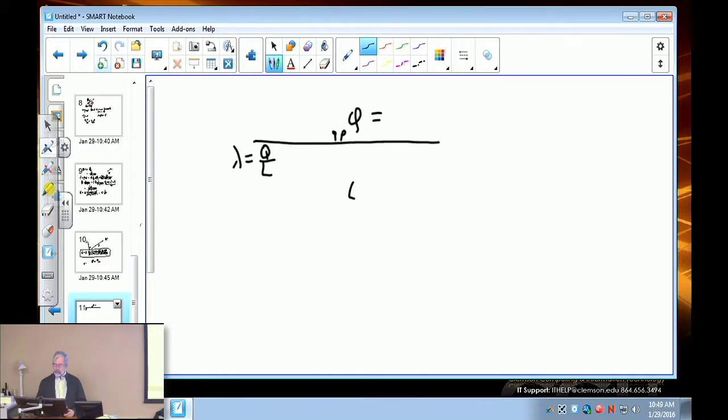In this region, remember, the electric field looked like 2 lambda over rho, in the rho hat direction. So what does the electrostatic potential look like? Remember, the electric field is the negative gradient of phi. So if E goes like 1 over distance, what is phi?